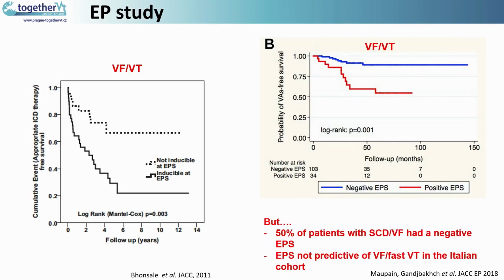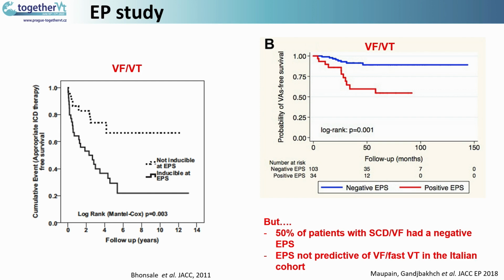I would like to focus a little bit on the EP study. You know that it is quite controversial whether EP study is able to stratify the patient. There are many studies showing, however, that a positive EP study is predictive of ventricular arrhythmia, especially ventricular tachycardia.